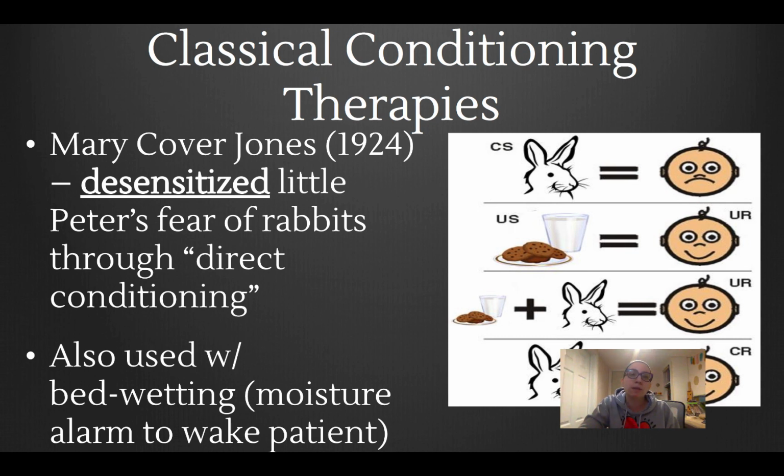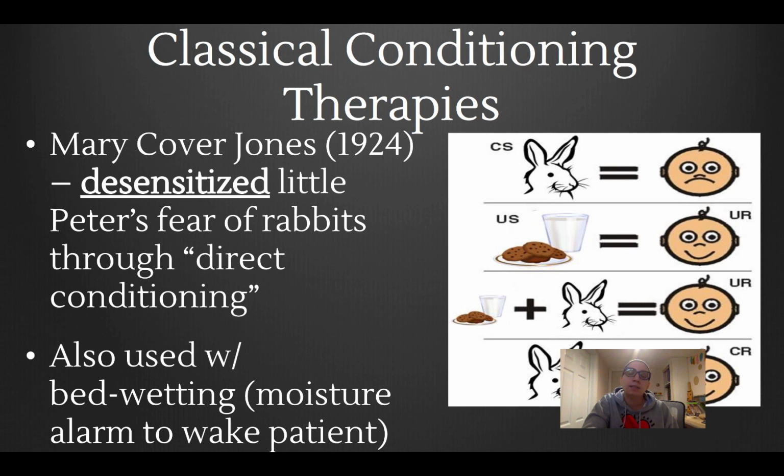The next set of therapies that we're talking about are all behavioral therapies. So they are mostly rooted in classical conditioning, which we learned about earlier in the year. It started with Mary Cover Jones in 1924, who did the opposite of John Watson, if you remember John Watson from the Little Albert scenario.